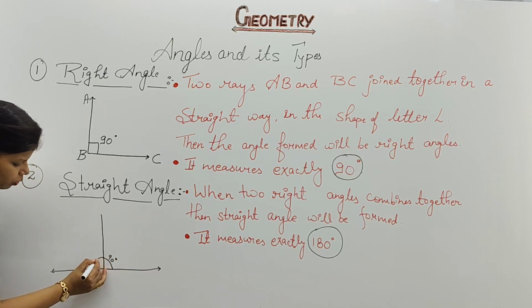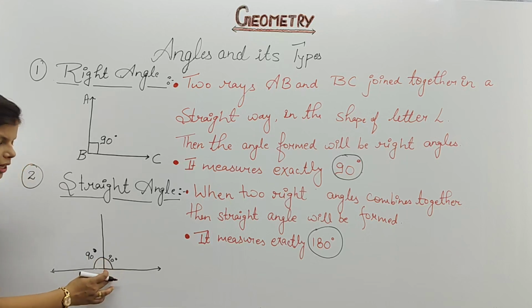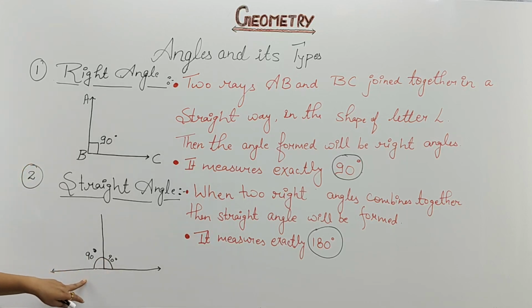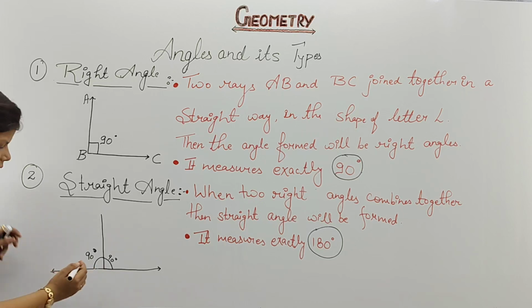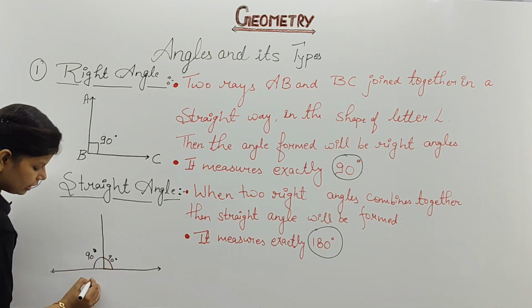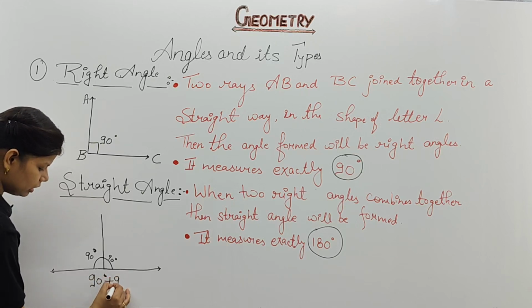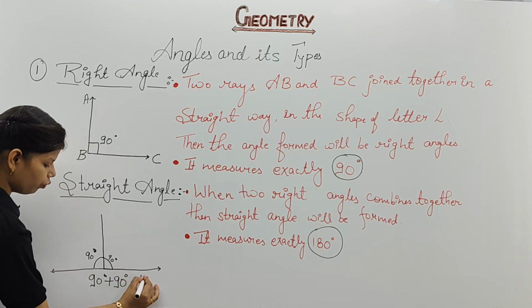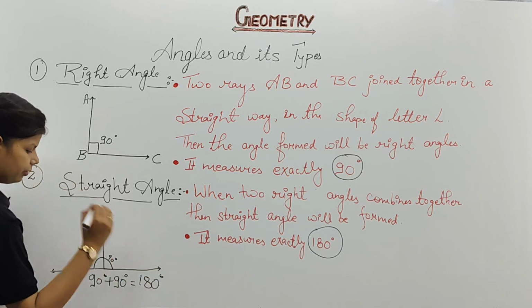This side of yours is what? 90 degree. And when these two 90 degrees are combined together, it will form your what? Complete 180 degree. Clear? When these 90 join together, 90 degree plus 90 degree equals 180 degree.